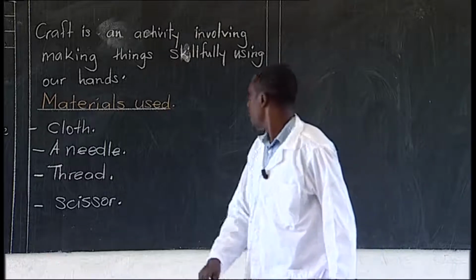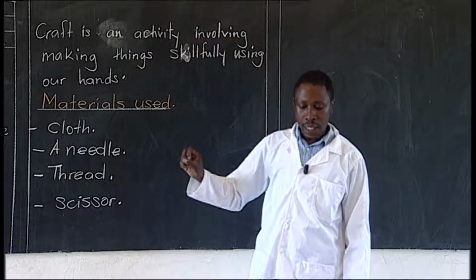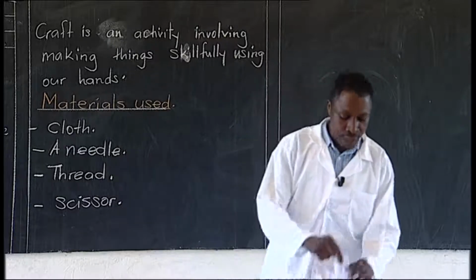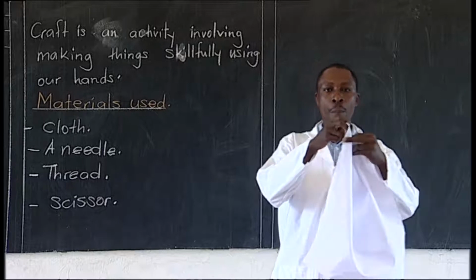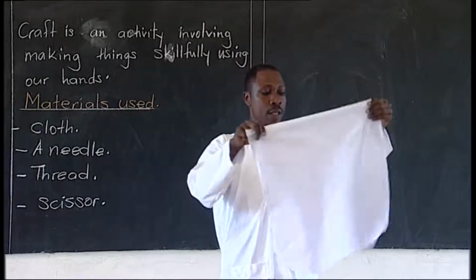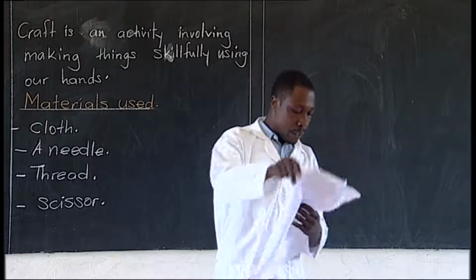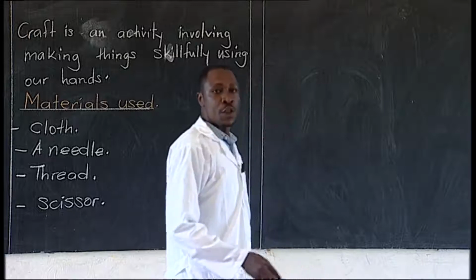Good. So now we are going to see how we can make decorations on our piece of cloth. We are going to see how we can make different decorations on our cloth. Now, here you can write your name.